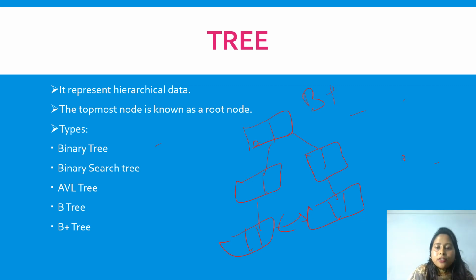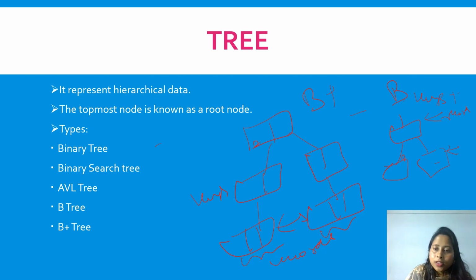In B tree, the leaf nodes are not connected with each other, and both the internal nodes as well as the leaf nodes have both the keys and records, whereas in B plus tree only the leaf nodes have the records and the internal nodes have the keys.